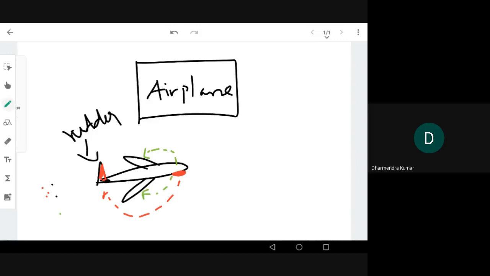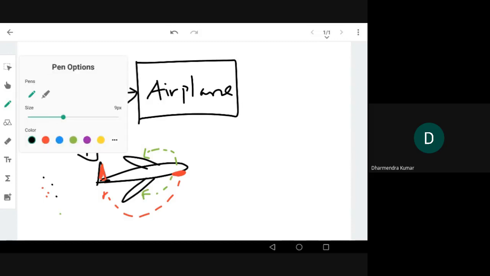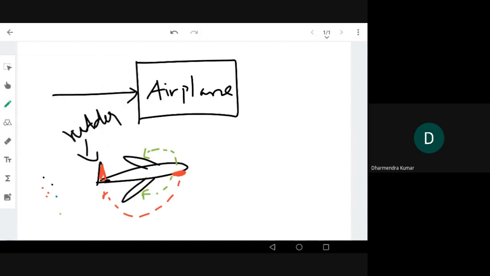So in this model, we can say, what is the input to the airplane model? Okay, so what is the input here? It is a theta of the rudder, because the rudder is going to change in some angle, right? So this angle is going to be the input to the airplane model.